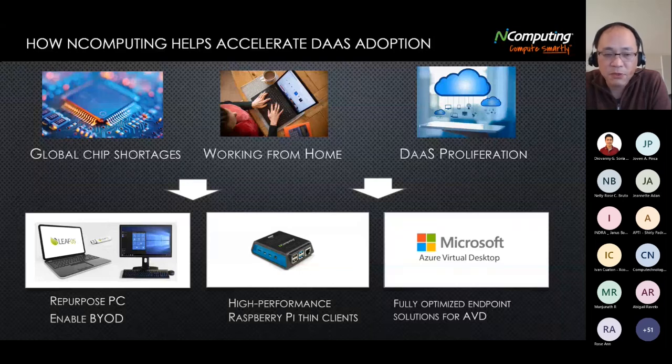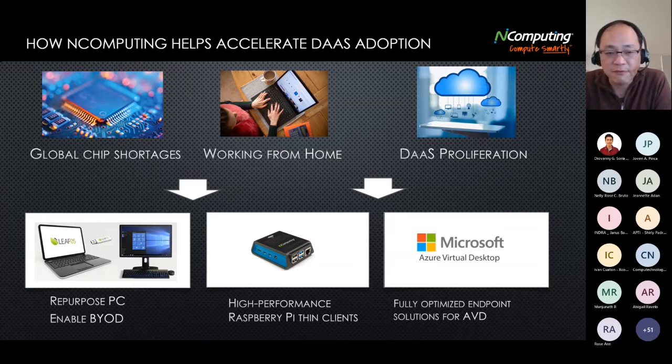The other important use case is working from home. A lot of BPO companies we have engaged with have agents working from home. Some BPO companies ship the PC laptop, but the attrition rate for those agents is pretty high, so there's a lot of IT cost involved.